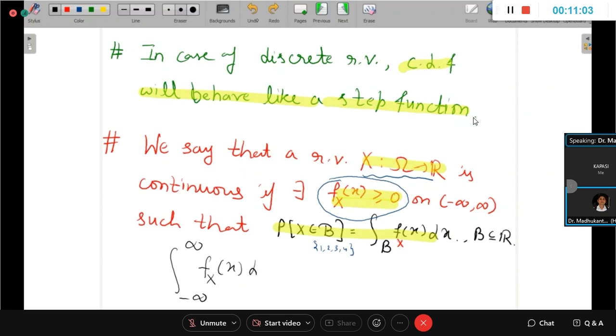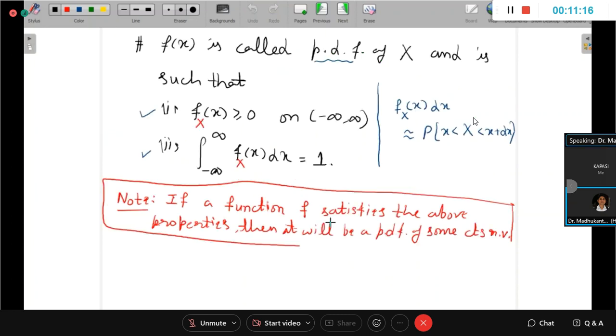So this is the way of assigning probabilities for a continuous random variable over subsets of R. This is the definition, with the non-negativity and normality conditions.